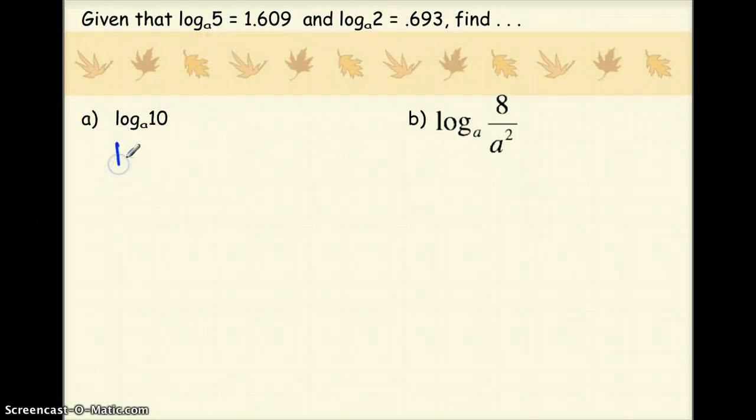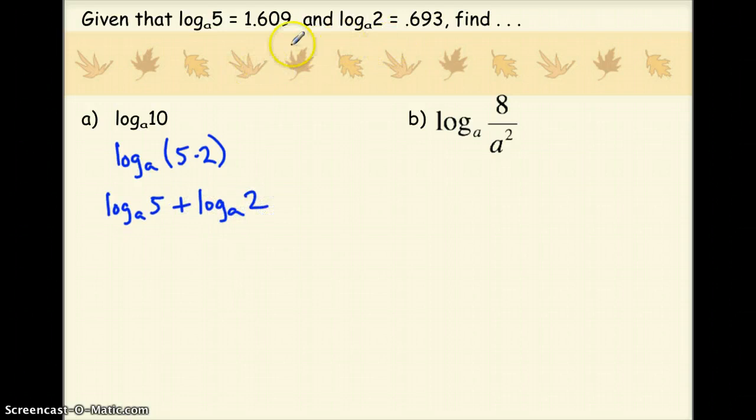Well, I know that 5 times 2 is 10, so I could say log base a of 5 times 2, but I'm not going to multiply 1.609 by 0.693. Multiplication expands into addition. So this is log base a of 5 plus log base a of 2.